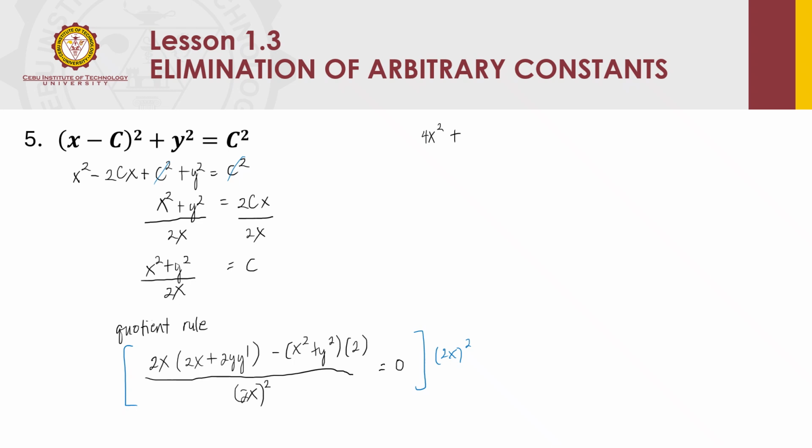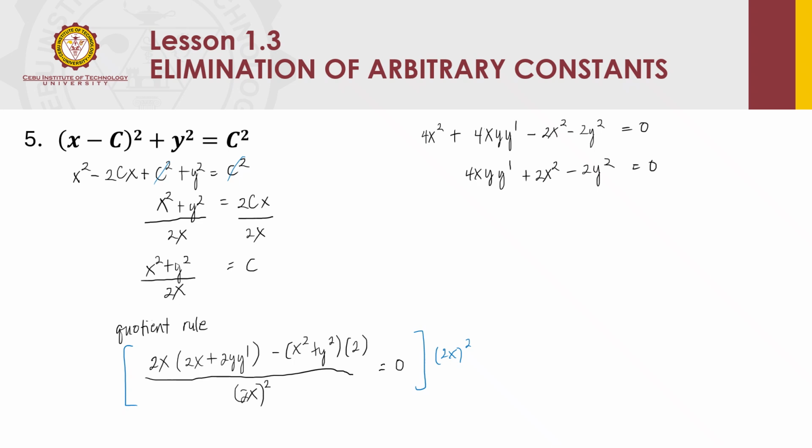So 4x squared plus 4xy prime, and then minus 2x squared minus 2y squared, and then 0 on the right side. We have the term containing the first derivative y prime, and then we have 4x squared minus 2x squared, so that's 2x squared, and then minus 2y squared.